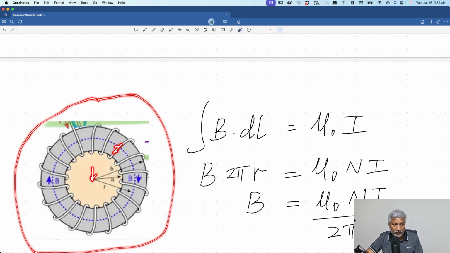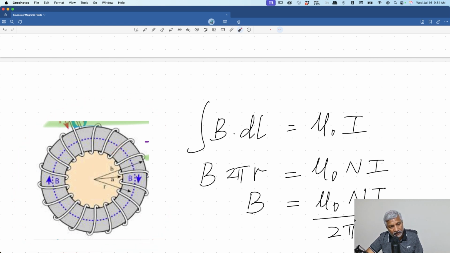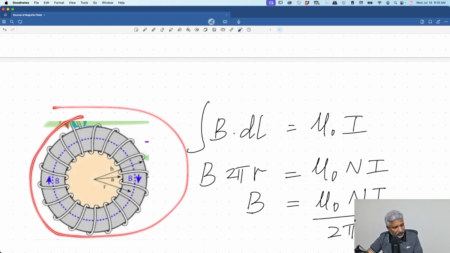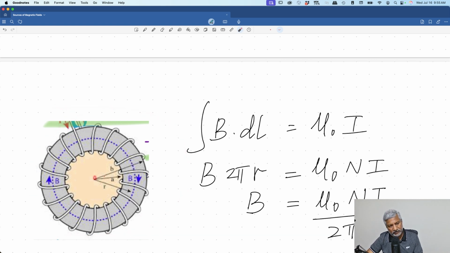But if it's flowing up here, at the back it's flowing down, canceling out. I hope you understood. So that's why if you take a loop here or here, either way, there's no current enclosed. So there's no magnetic field here. What about here?